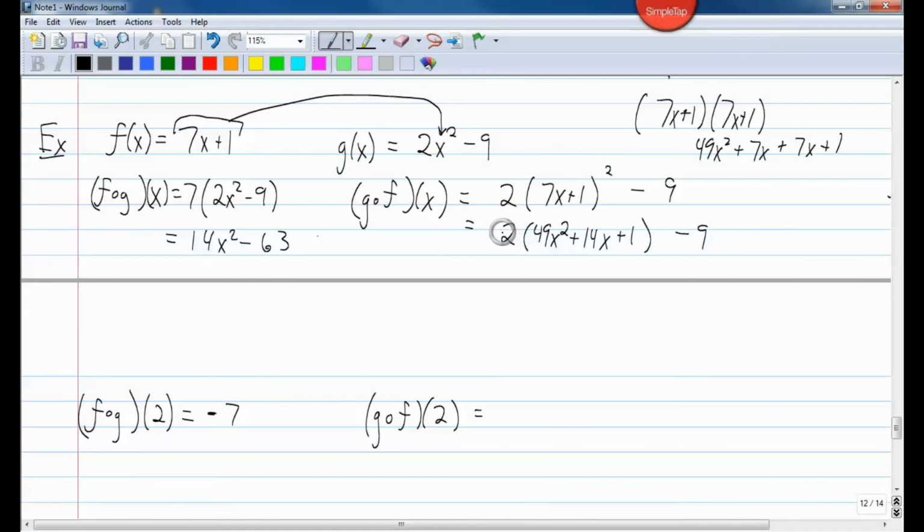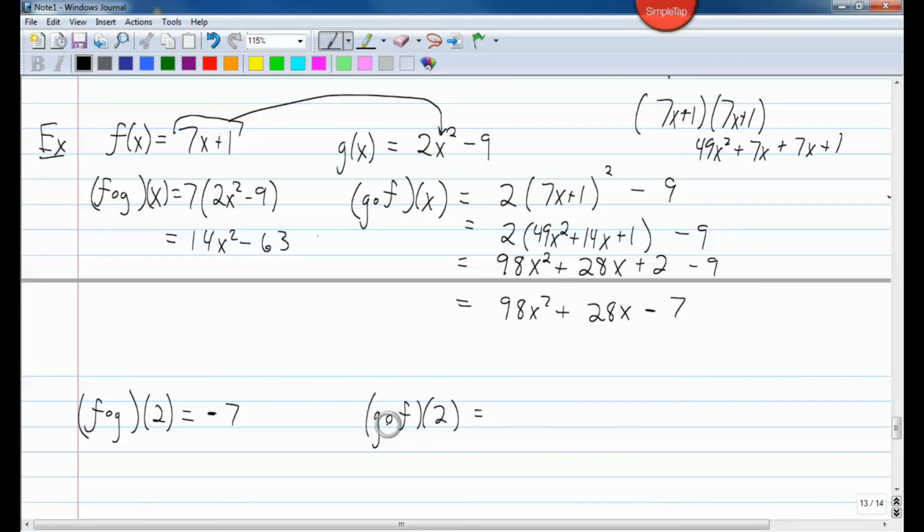Now distribute your 2. So that's 98x squared plus 28x plus 2 minus 9, or 98x squared plus 28x minus 7. And you put the 2 and the negative 9 together.